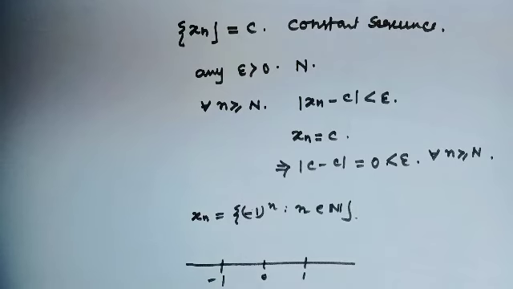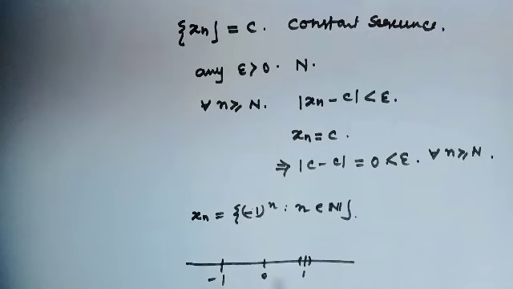Let's see. If I choose 1 as the limit point, then take any small interval around the point 1, then minus 1 cannot be attained in this interval. Similarly for minus 1.